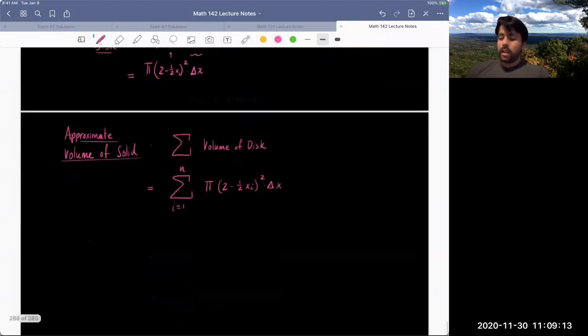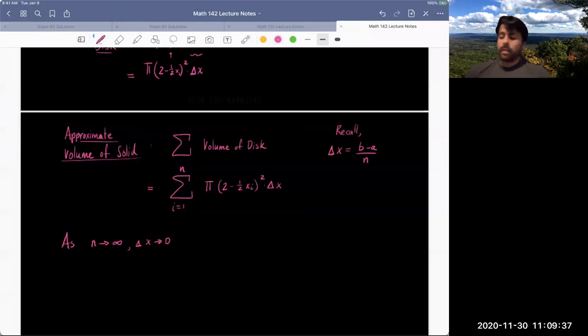So that's the idea. As n goes to infinity, the thickness goes to 0, right? Remember what the change in x represents? Recall that the change in x was b minus a over n, right?